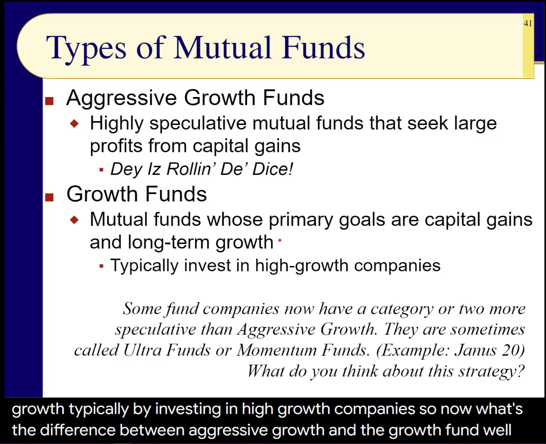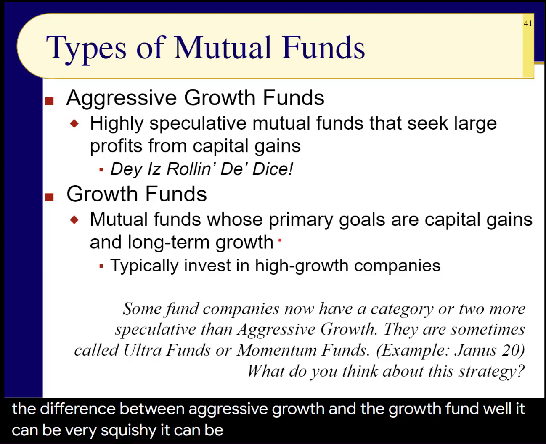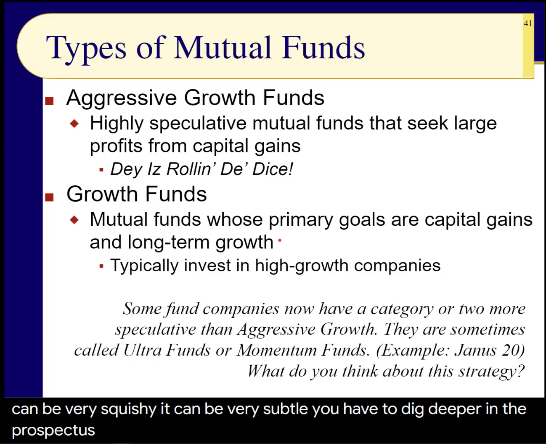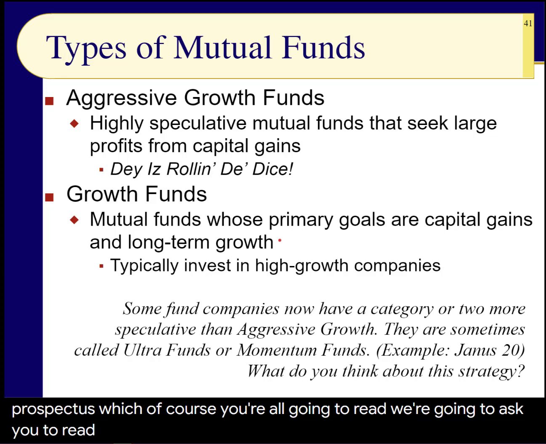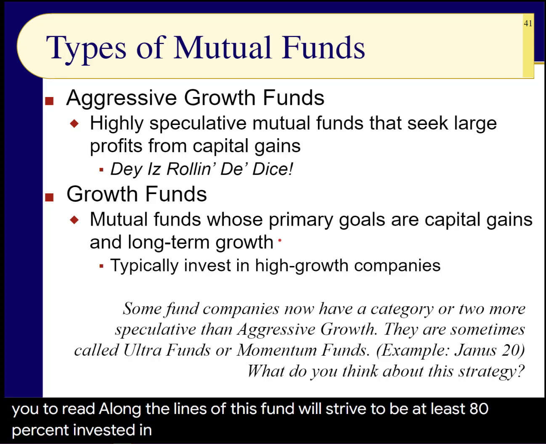Well, it can be very squishy. It can be very subtle. You have to dig deeper. In the prospectus, which of course you're all going to read, it'll say something along the lines of, this fund will strive to be at least 80% invested in growth companies.